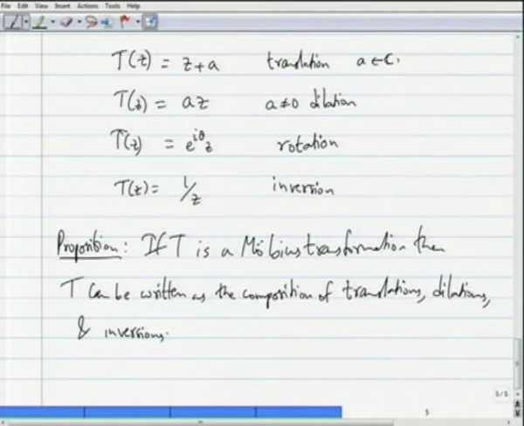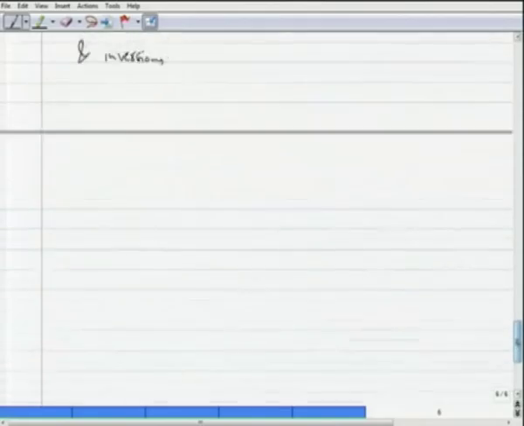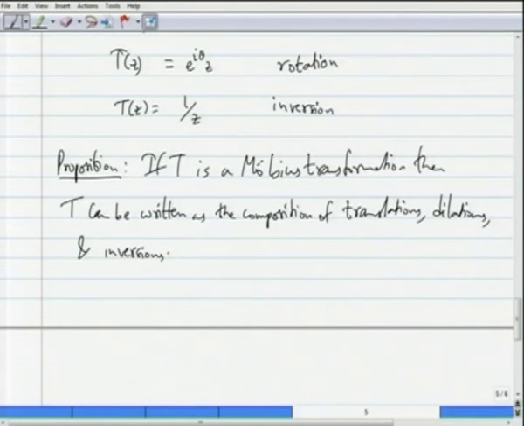Notice that rotation is actually a form of dilation, where the constant a has modulus 1. So, the proof of this fact is easy.